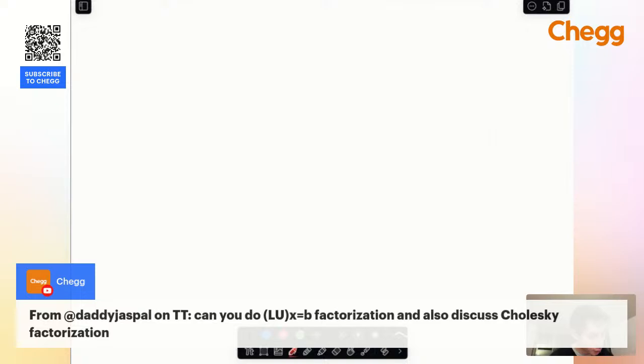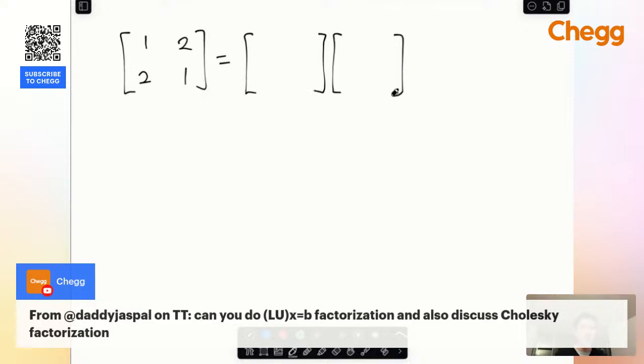So when I do a lower upper triangular factorization, it means that I'm starting with a matrix A. I'm just going to write a random one, 1, 2, 2, 1. And I want to factor it, so write it in matrix multiplication form where I have a lower matrix, meaning that the only non-zero entries are this one, this one, this one, and an upper triangular matrix, so one where it's here, here and here.